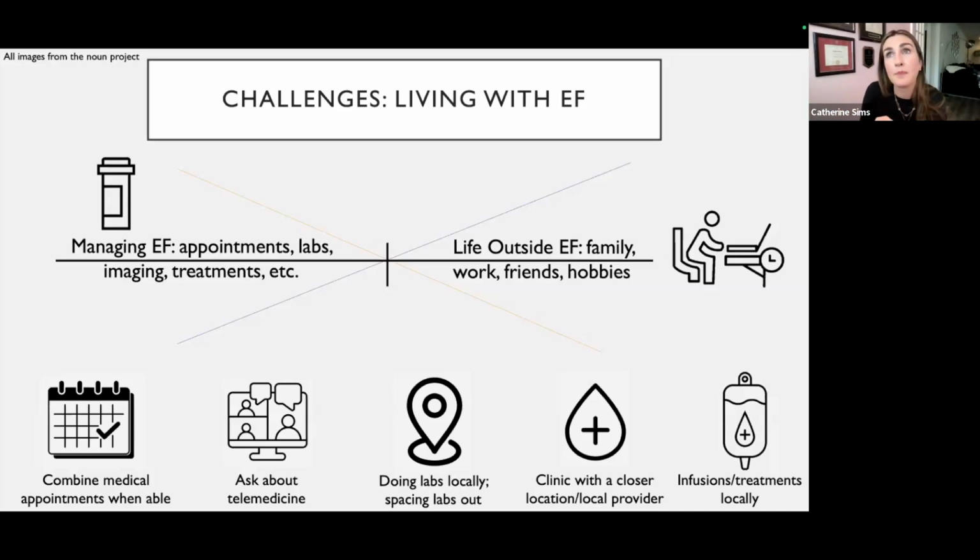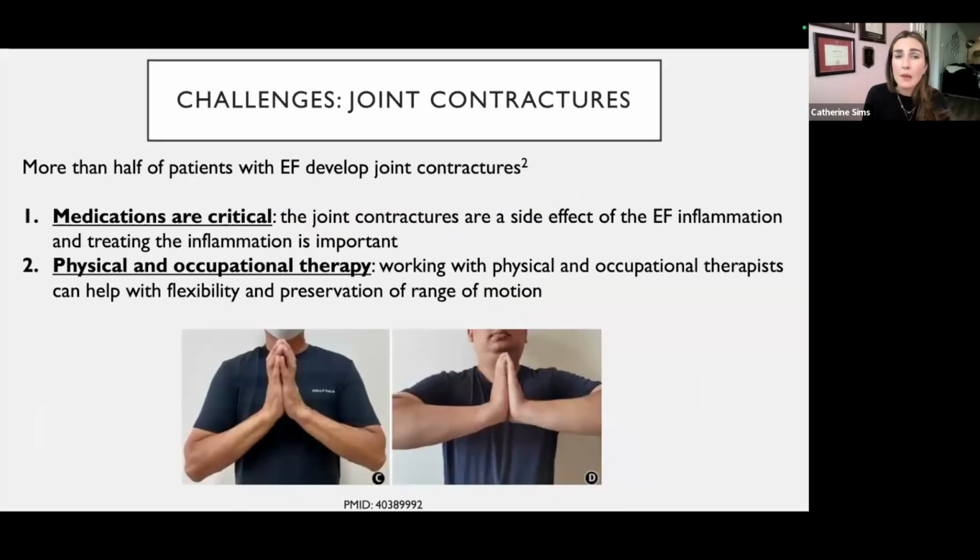So these are just some tangible ways that you can try to ease the burden on yourself when trying to manage a chronic and complex condition, but then balance it with life outside of EF. So, like I mentioned before, physical therapy and occupational therapy are critical, and doing PT and OT in conjunction with medications, immunosuppression, is found in the literature to be a great combination to get your best outcomes possible.